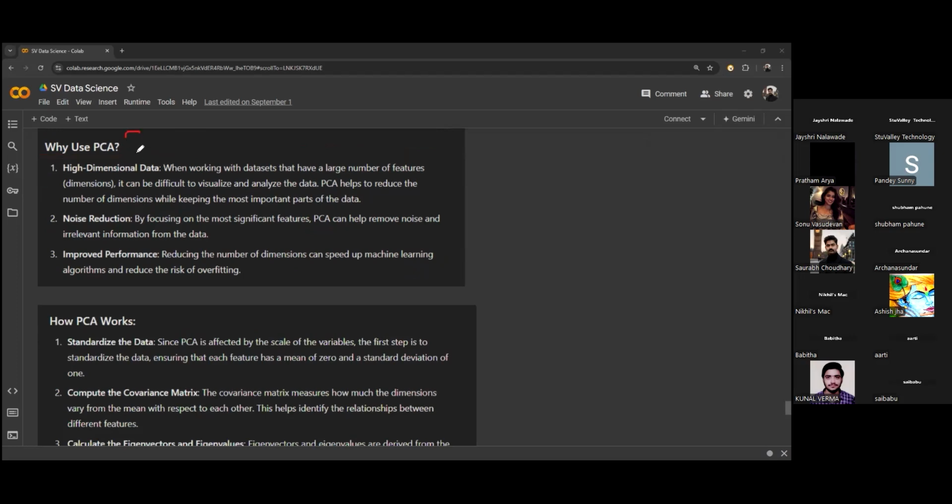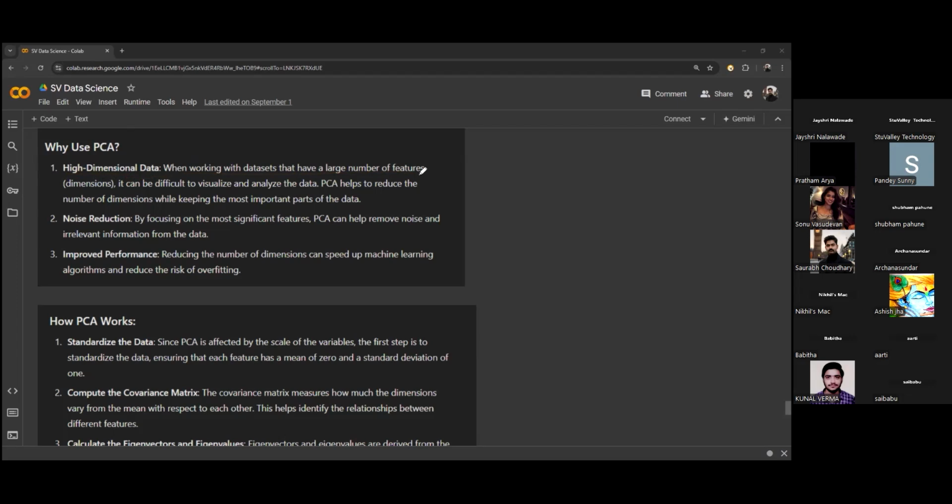Why use PCA? Okay, so why should we use PCA? It is basically for high-dimensional data, like when working with data sets that have a large number of features. Features could be any number, like 10, 20, 50, right?